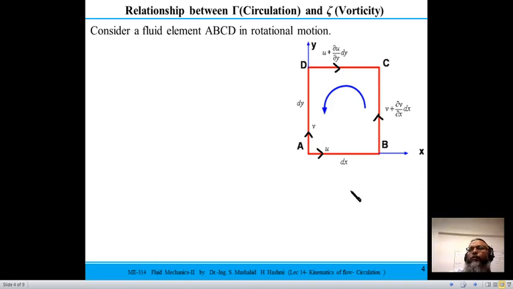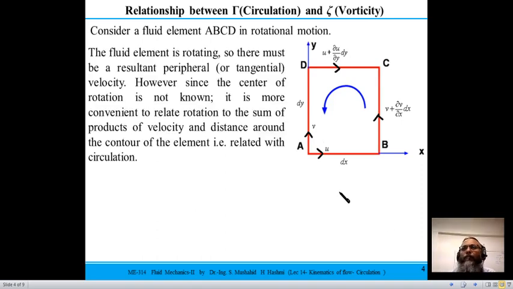So what we need to do is we need to take the circulation, because this fluid element is rotating, and by virtue of this tangential component of the velocity. So tangential means if this contour is ABCD, so in the direction of AB there is a velocity component, in the direction of BC there is a velocity component.